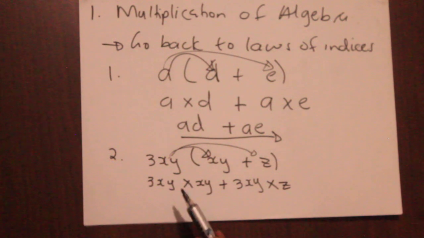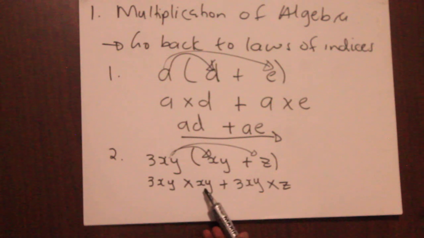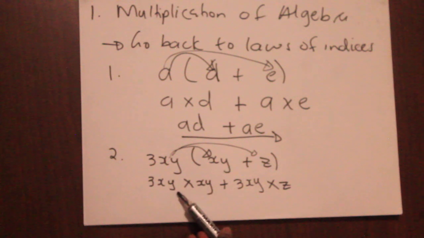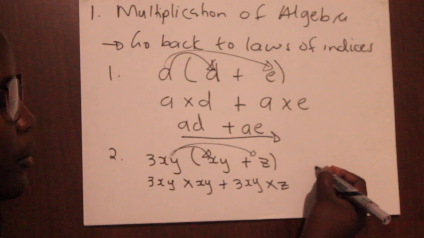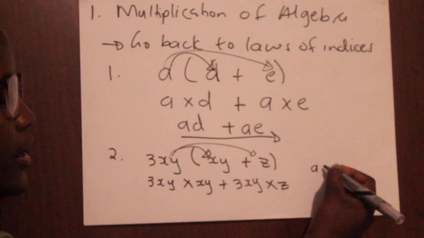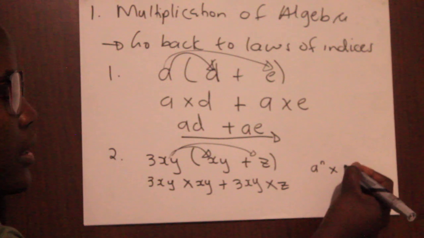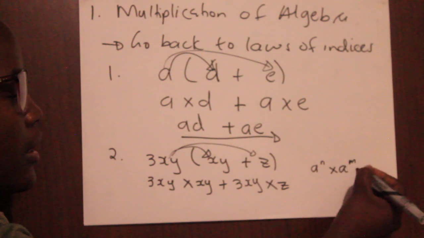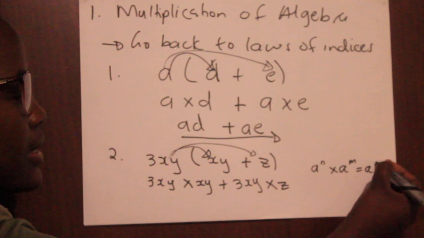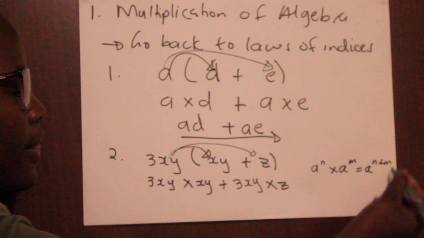Now you check, if you multiply this side, we have 3xy multiplied by xy. You can see that x is common on both, and y too. Now we have to go back to the laws of indices. It says keep the same base and add the powers.